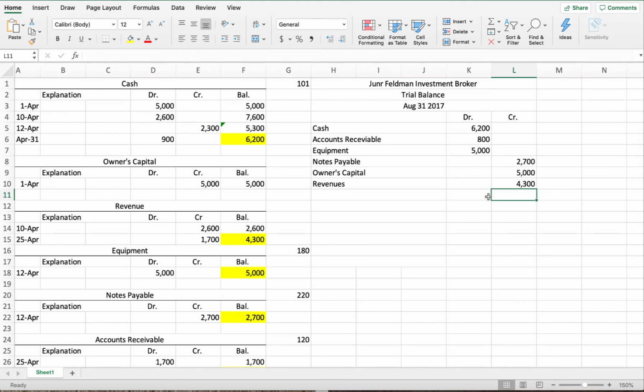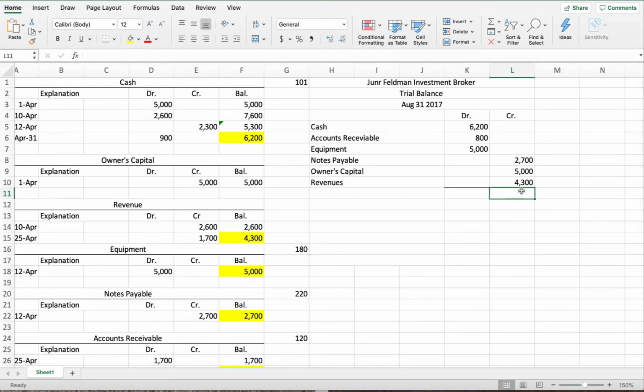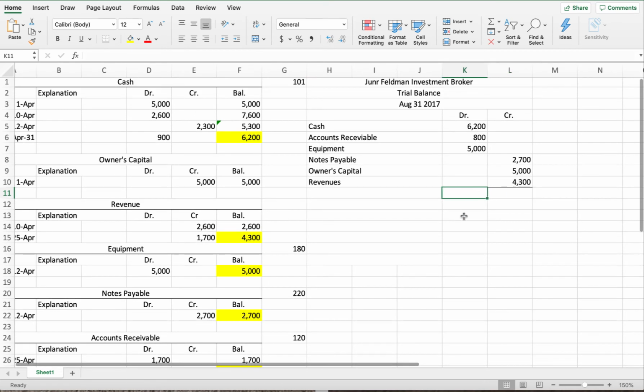That means I have to total these columns up. In order to show that I'm doing a mathematical function, I want to underline right underneath revenues. So I'm going to click in cell reference K11. I picked that because it's at the bottom of the trial balance. We see that in L11 and K11 there are numbers above them, so I want to add all these numbers.